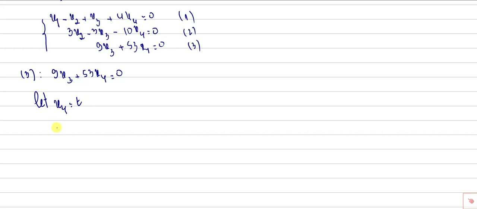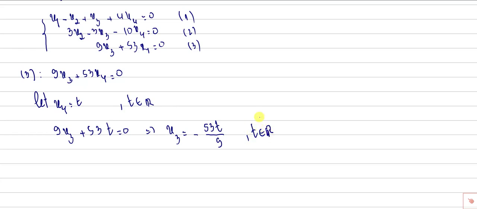Now we got 9x3 plus 53t equal to 0. Now x3 is equal to minus 53t over 9, where t belongs to R.